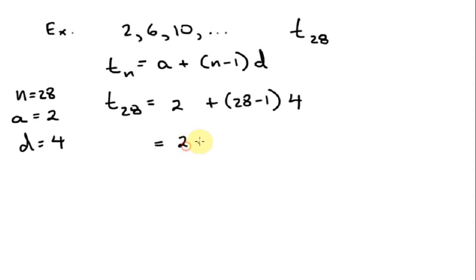I'm going to have 2 plus 27 times 4. Remember to do your multiplication before you add the 2. So 27 times 4 is 108. And when I add 2 to that, the value of that term is 110. And that's where I'm going to stop for this first look at arithmetic sequences.